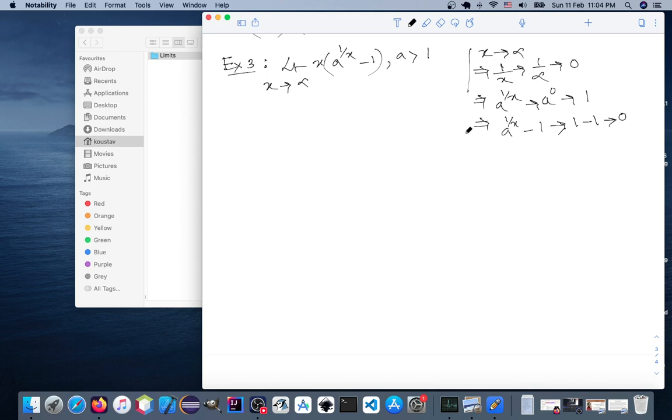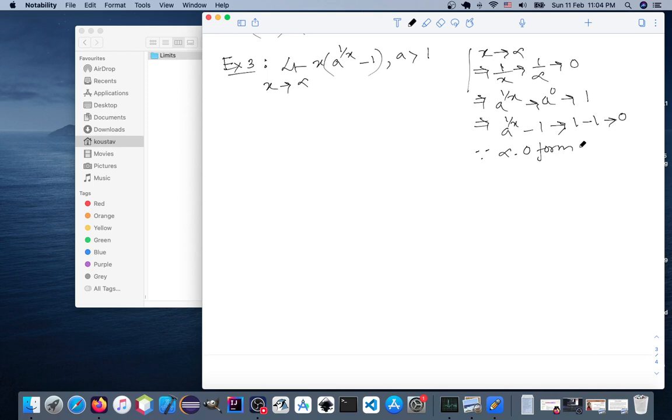So we have infinity into 0 form. Let's transform this into 0 by 0 or infinity by infinity form. We can see that there is a standard result: we know that limit x tends to 0 of (a to the power x minus 1) by x is log a.